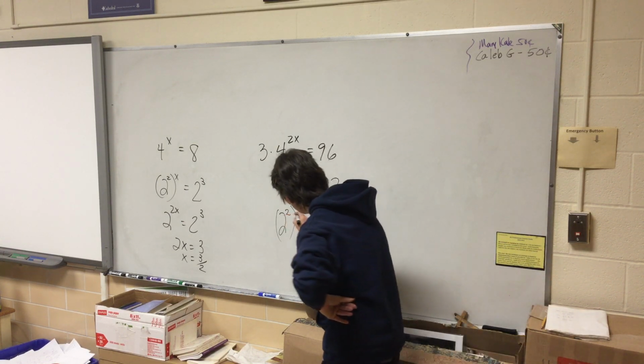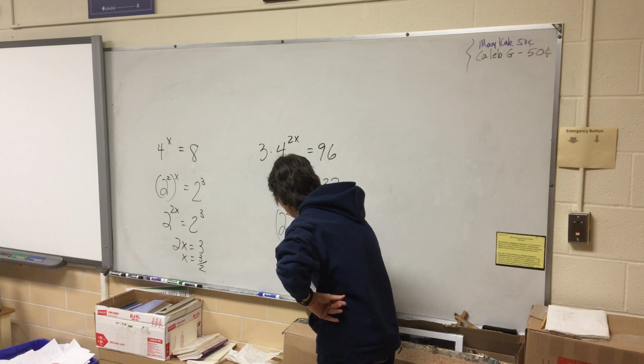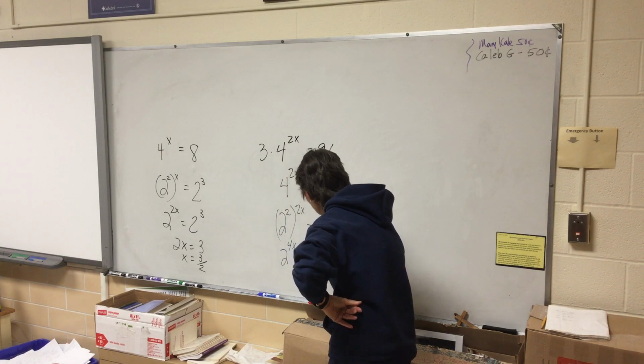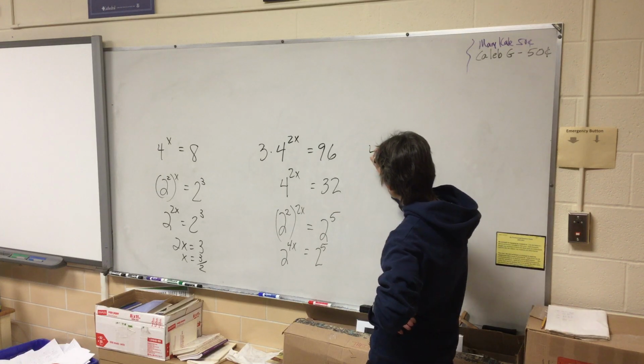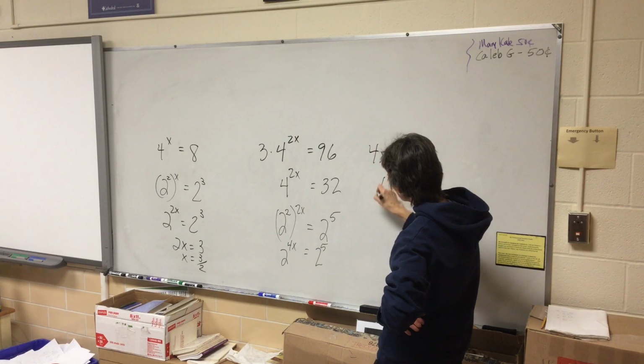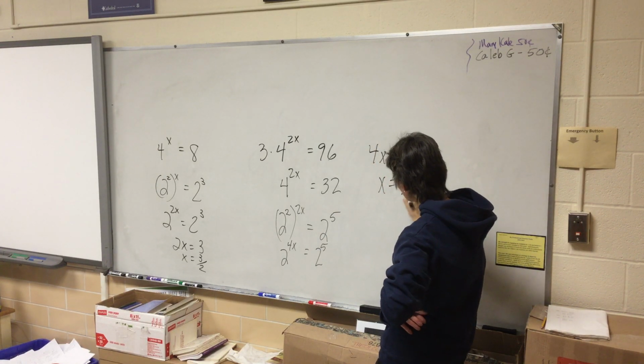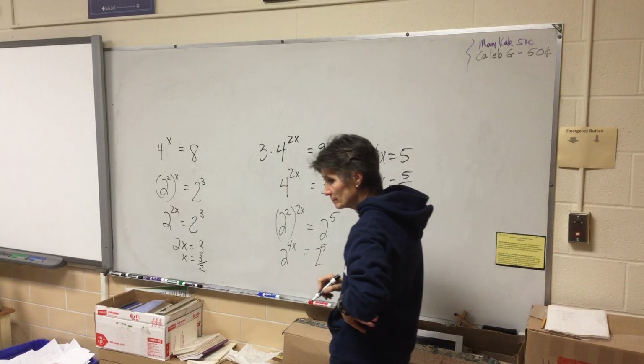So now multiply those exponents. This is 2 to the 4x equals 2 to the 5th. So it looks like the answer to this one is 5/4.